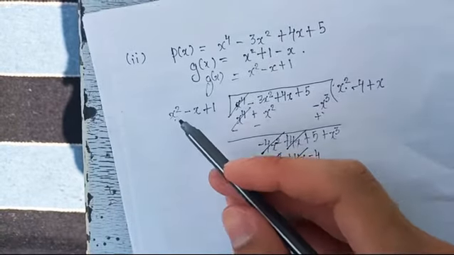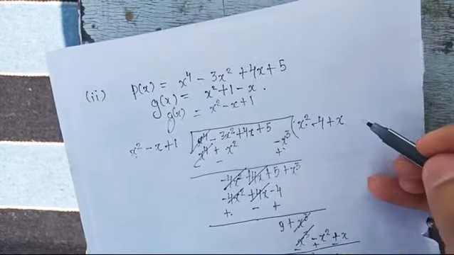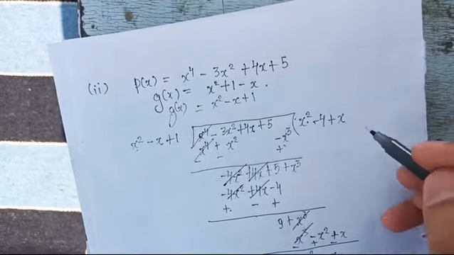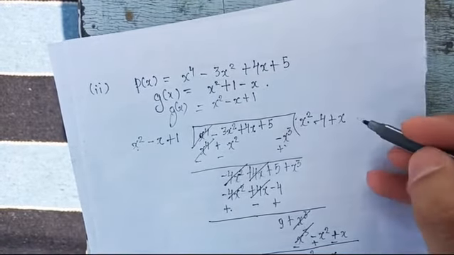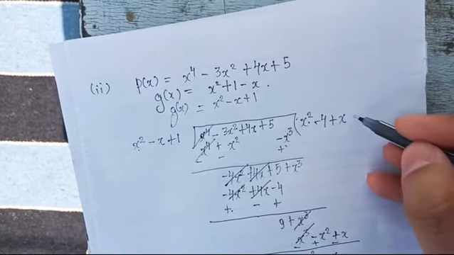Here x square is there, x square is there, so we will just multiply with plus 1.